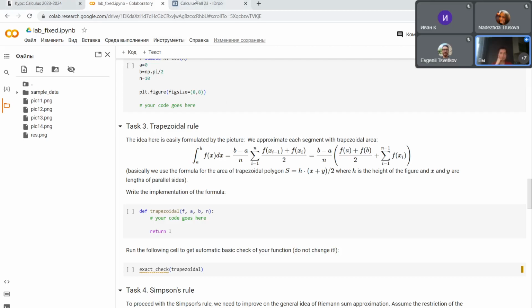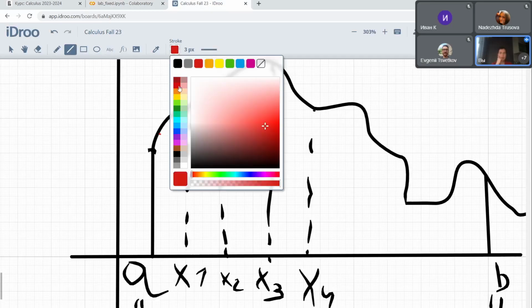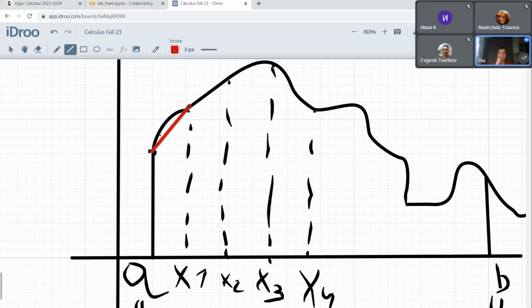So as you can see, it corresponds to the following idea. We can take a line that passes through this point and through this point, and we want to approximate the value of your integral, your area, using such a trapezoid.